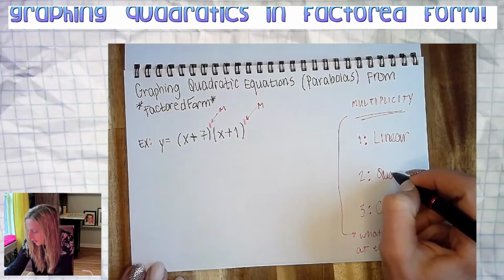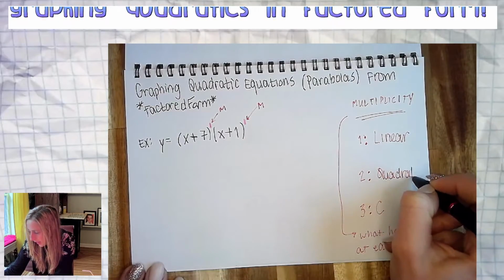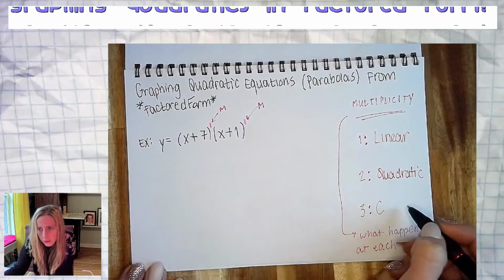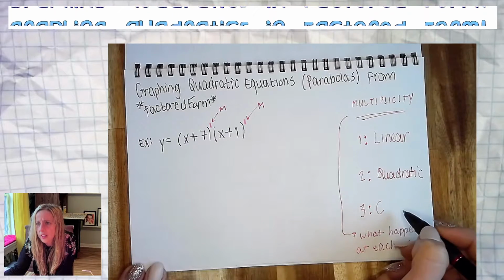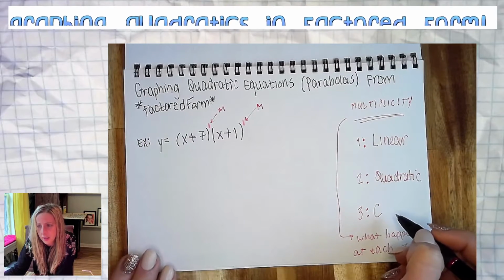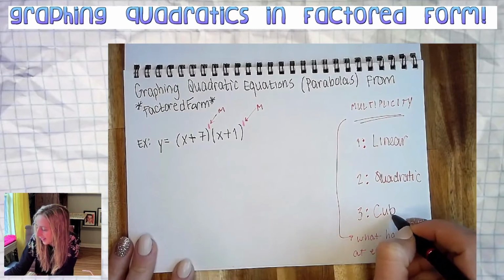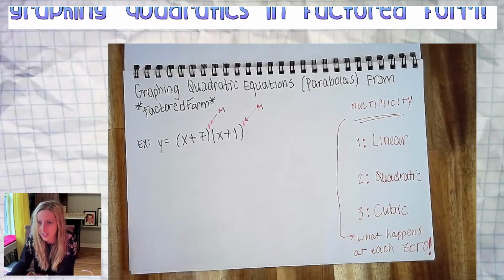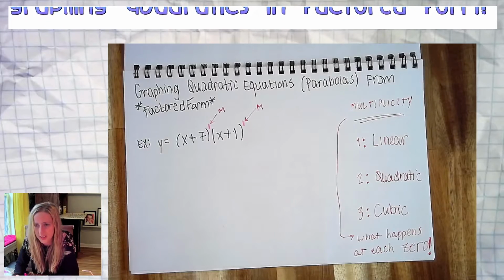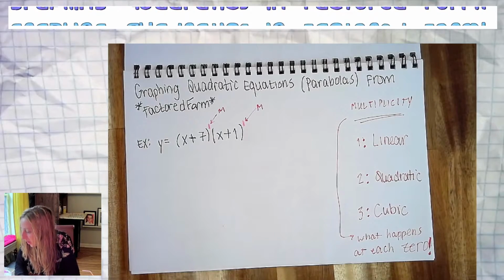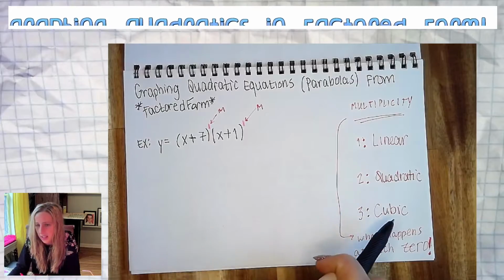Quadratic. And give me another one for, say, this one over here. Ariel? Oh, Dylan. Cubic. I was going to say, Ariel, your voice got so deep. You boys jumping in. Okay, so linear, quadratic, and cubic.